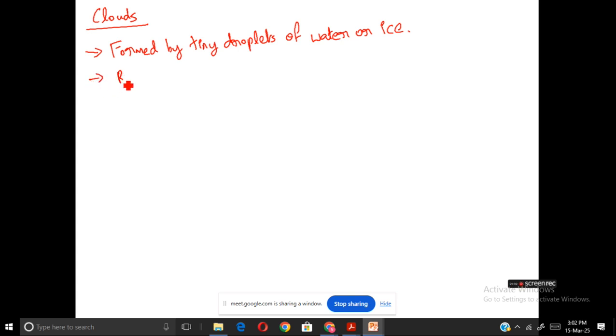And based on the height of the cloud, it may contain water in the form of droplets or in the form of ice.